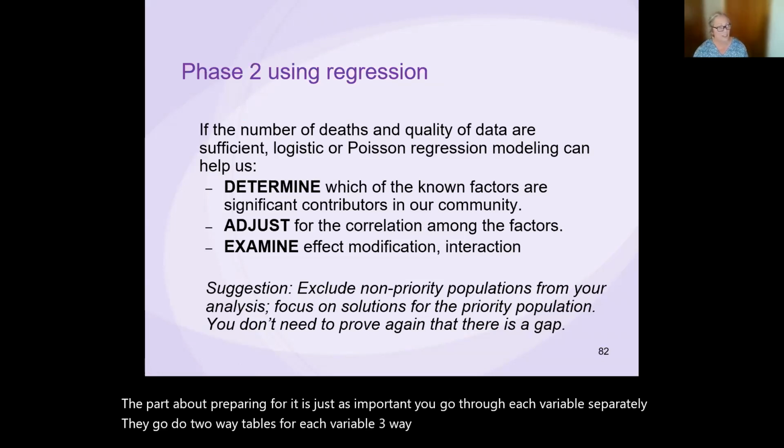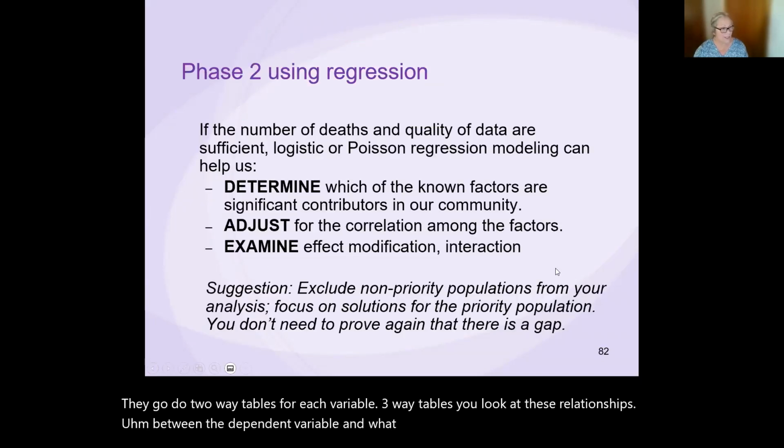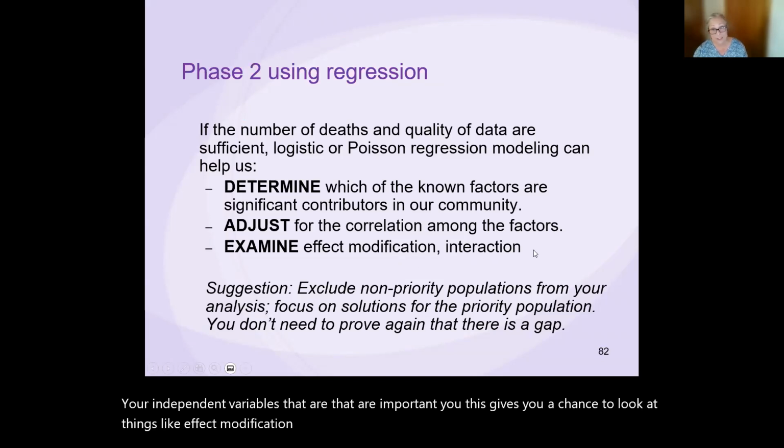You look at these relationships between the dependent variable and your independent variables that are important. This gives you a chance to look at things like effect modification and interaction, which can be really important when you're looking for what factors are important.